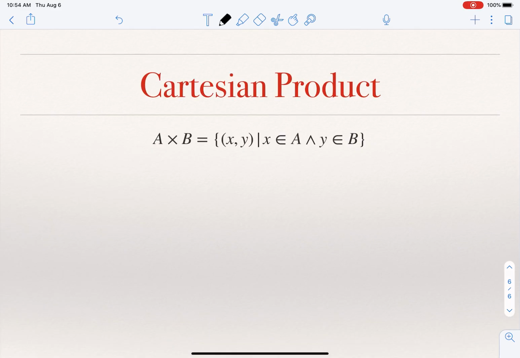And the last operation I will talk about is different from the previous ones in the sense that this operation gives us elements that are not of the same type as the original set. So the Cartesian product of two sets, and there's an order to them.